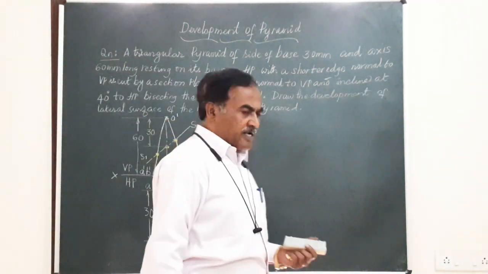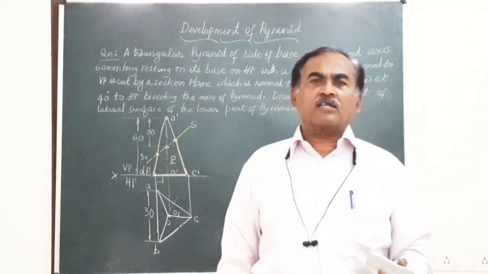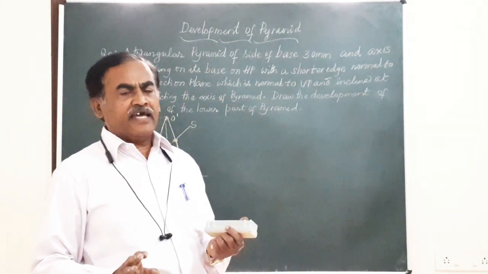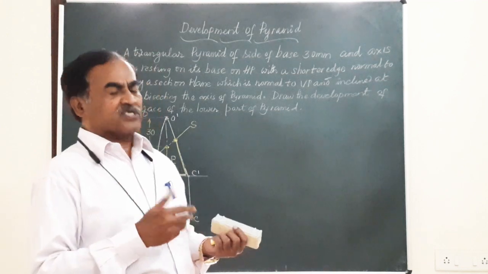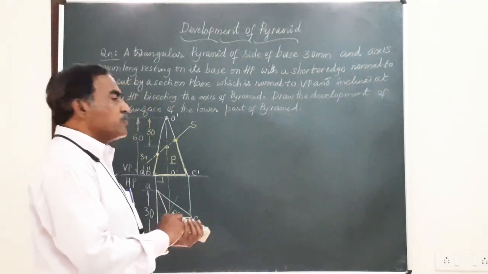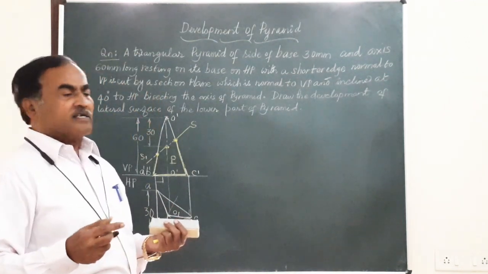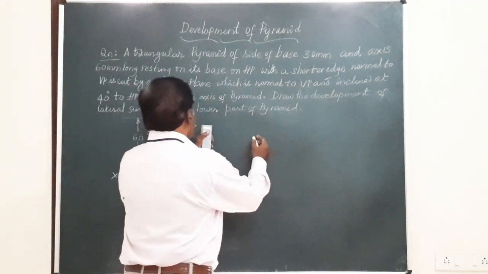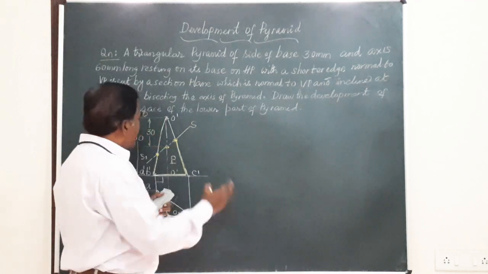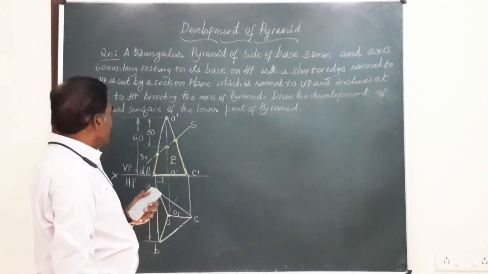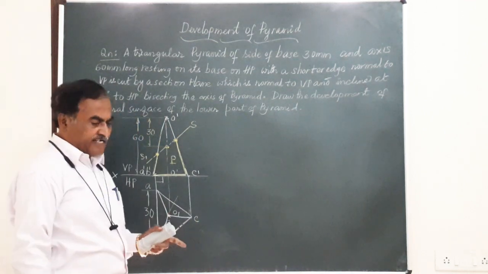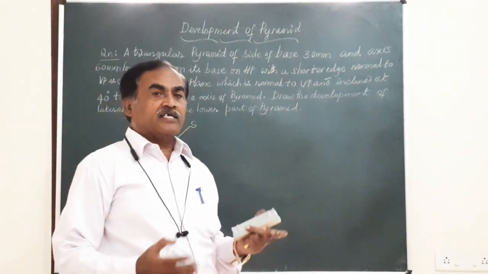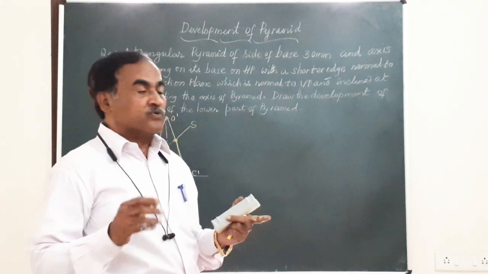Friends, let us assume first of all that the solid is not cut by any section plane. Hence, the development of this triangular pyramid is going to have three triangles, as I'm going to show here. Before I draw that, let us see which one of these three slant edges gives the true length, because we have to draw the development for the true size.